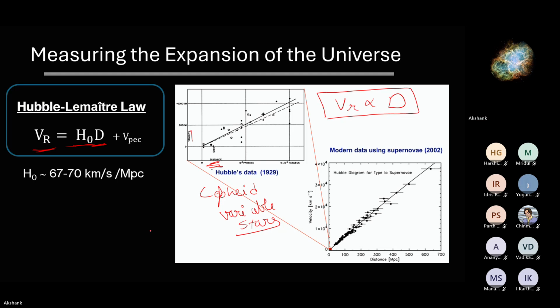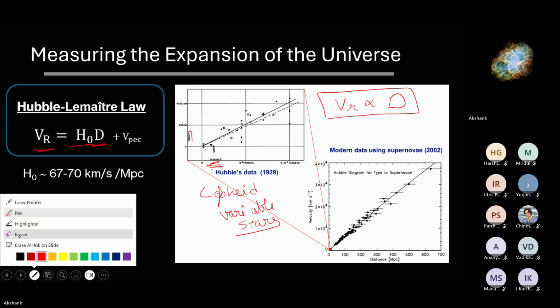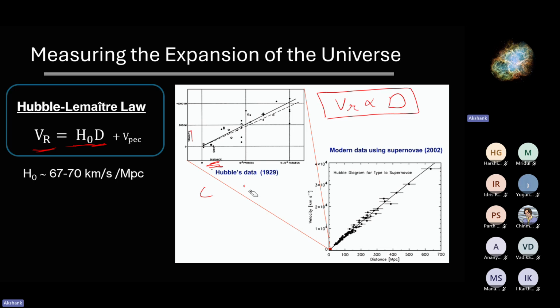But today we can use supernovas, and that allows us to go much deeper, to much larger distances, to much higher redshifts. 700 megaparsec is around z equals 2. Today we have redshift data from supernovas for up to z of 10.